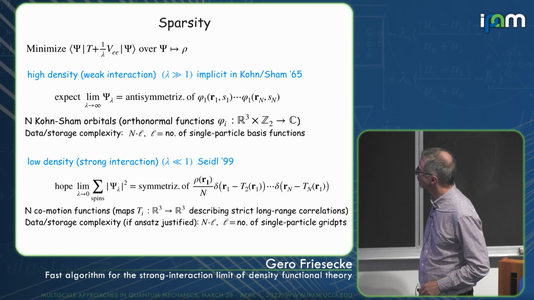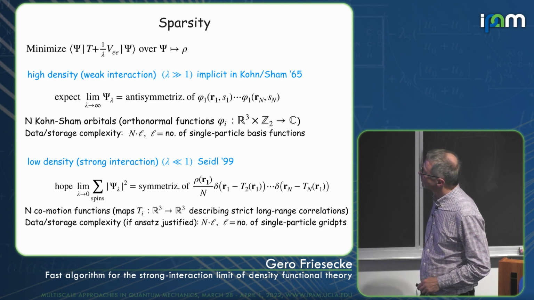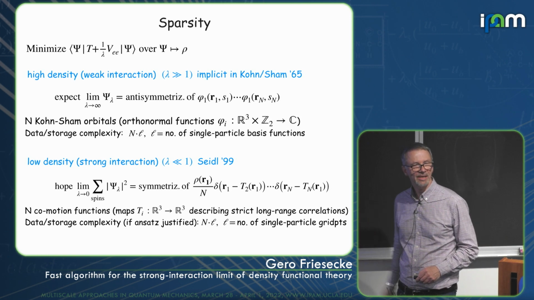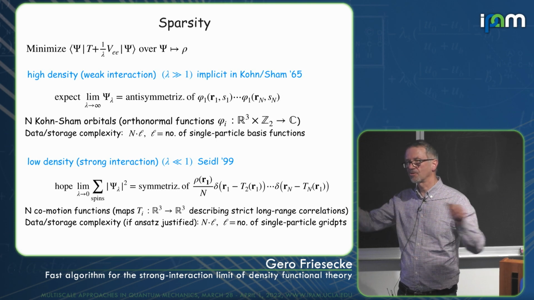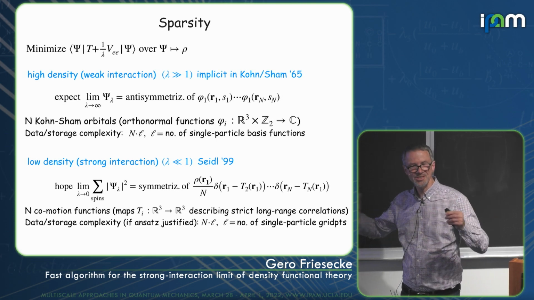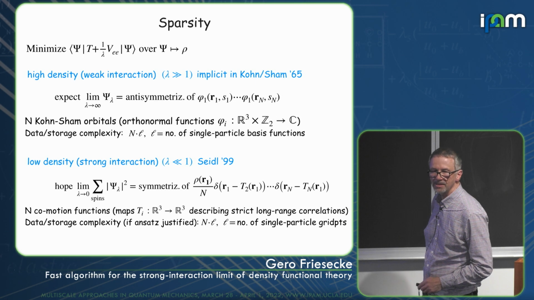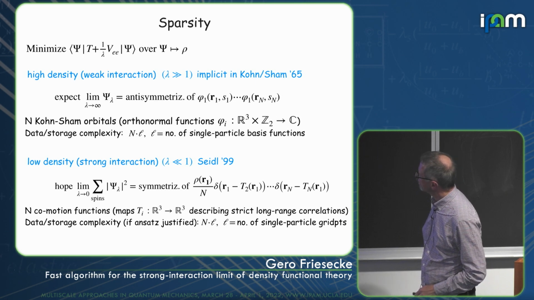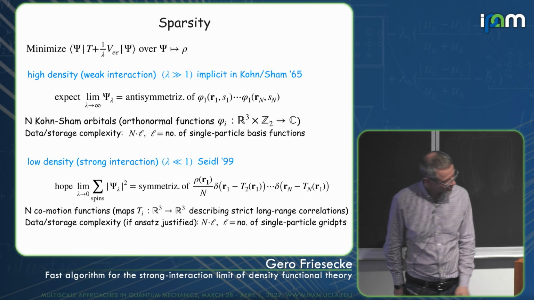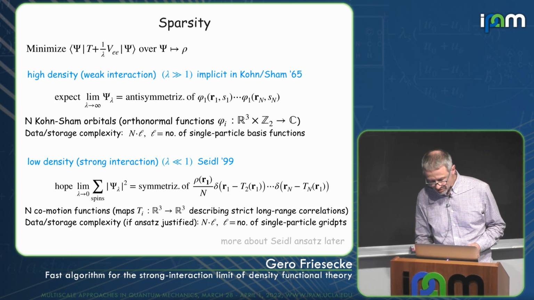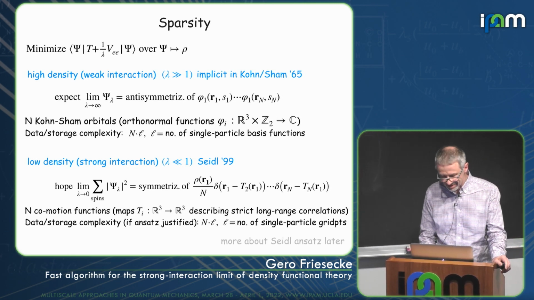Well, if you discretize the density by L grid points, so the one-body space, so to speak, you go to a delta function basis in position space, you get the factor L, and then you just have n maps here, or more precisely n minus 1. So you again get this beautiful low data complexity, but in a completely different representation. We'll talk more about the ansatz later.